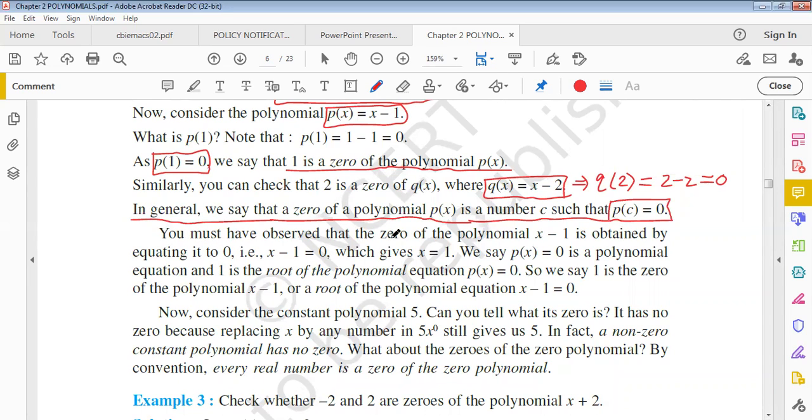So you must have observed that the polynomial x minus 1 becomes 0 when we put x equals 1. Say p(x) equals 0 is a polynomial equation and 1 is the root of the polynomial. This means that this 1 will be a root, a value, of this polynomial equation. So we say that 1 is the zero of the polynomial x minus 1 or a root of the polynomial equation x minus 1 equals 0.